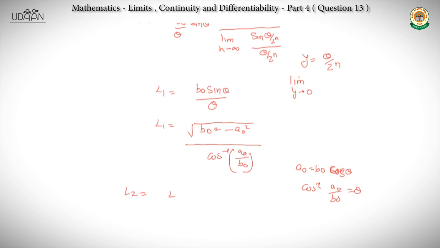From our initial expression we substituted and used Pythagoras theorem, and the initial assumption, to get the final limit as the root of b naught square minus a naught square divided by cos inverse of a naught by b naught. We also know that L2 will be equal to L1, and it can be derived in much the same fashion. So yes, that was question number 30.